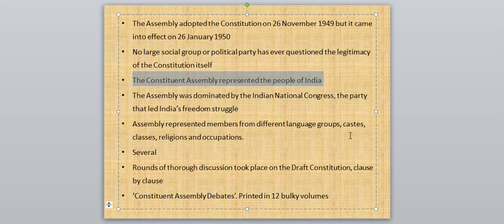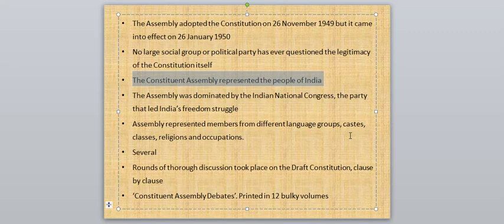They were representing India, but there was no universal adult franchise at that time. What is universal adult franchise? It means one person, one vote, and everyone having the right to vote. That was not there during that time.